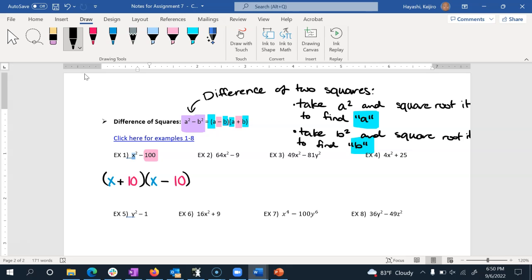It's like having the number you're trying to get them to add up to be 0. But maybe it's just easier to remember: take the square root of the first thing, take the square root of the second thing, bam, bam. One gets a plus, one gets a minus.